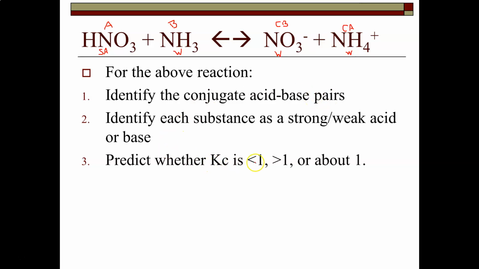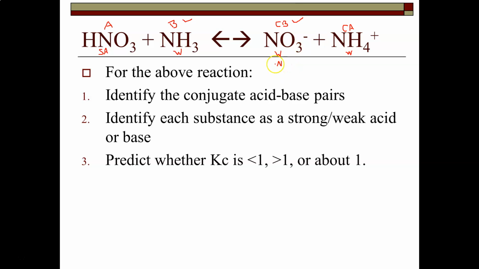Predict whether Kc is less than 1, greater than 1, or about 1. For this, we need to look at our 2 bases, NH3 and NO3 minus. Which one's weaker? Your strong acid is HNO3, which makes NO3 minus extremely weak. If you look at the charts, it says negligible.